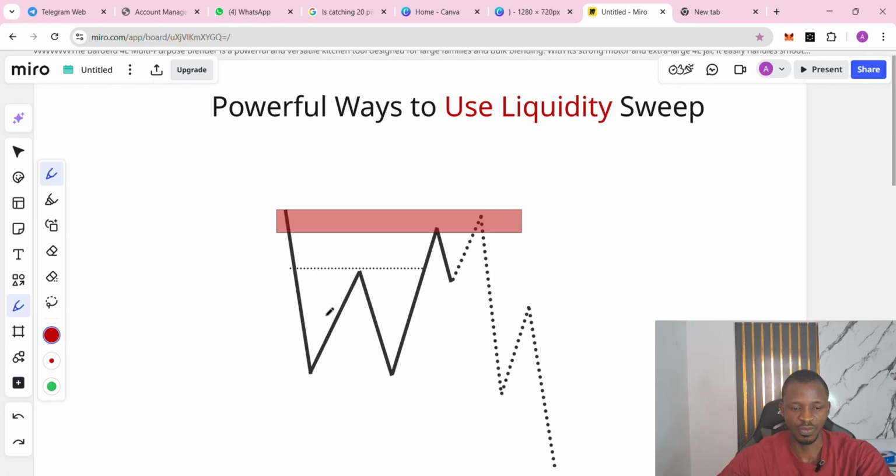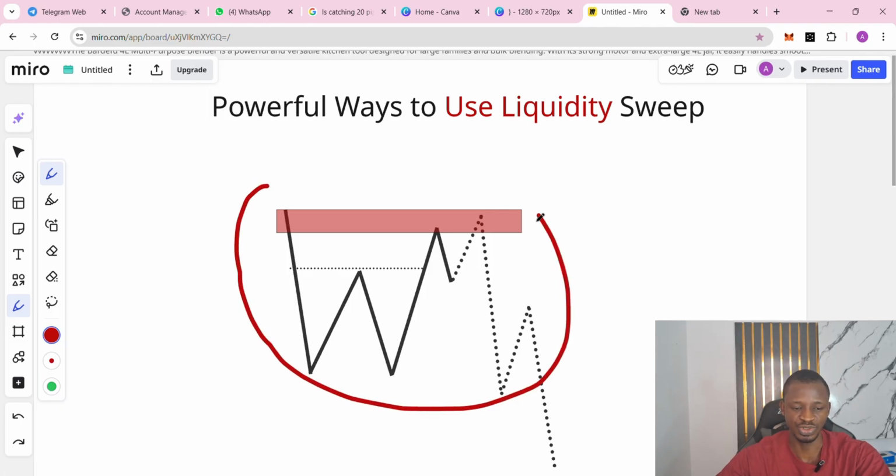But first, I will start by showing you the concept itself, how the concept works. So this is a textbook demonstration of the liquidity sweep right on our dashboard here.